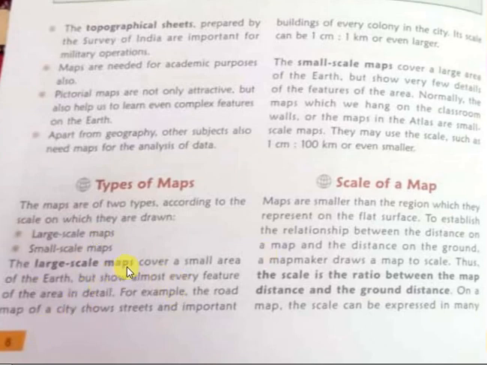So you can easily imagine how much easier it would be to decipher the normal landform features or artificial features in a large scale map, whereas it will be difficult to see all the features in a small scale map. That is the difference between both.